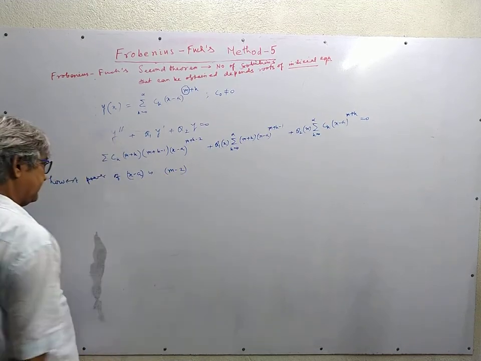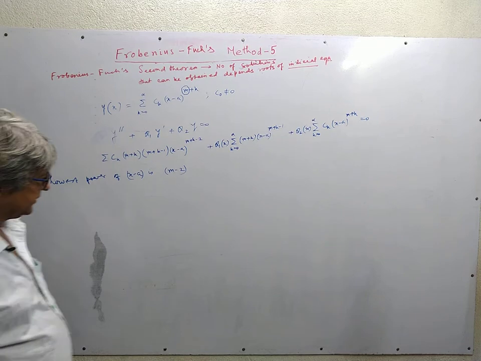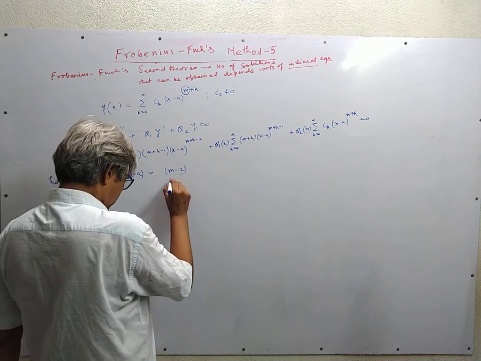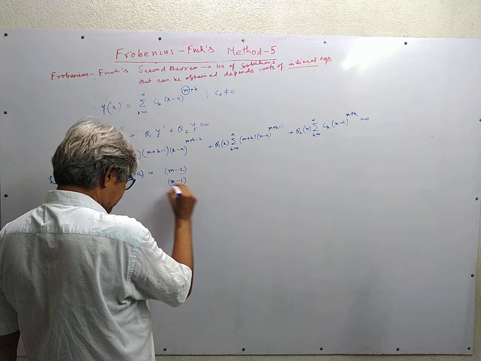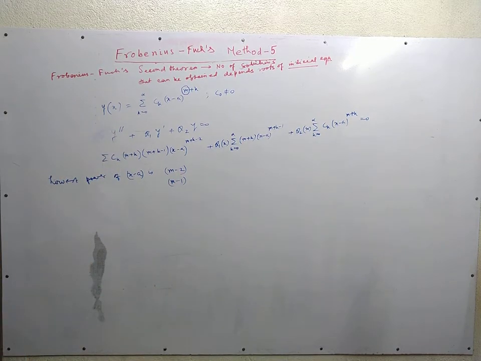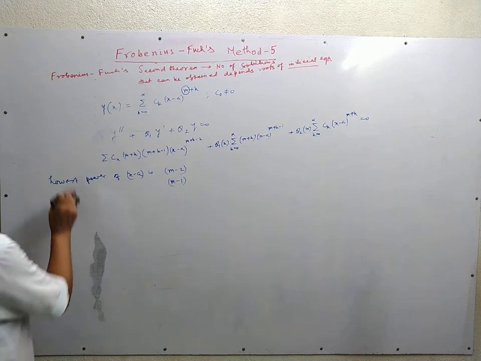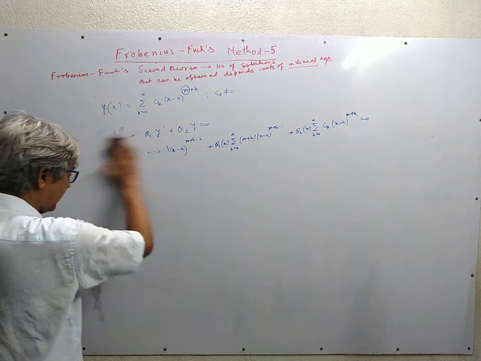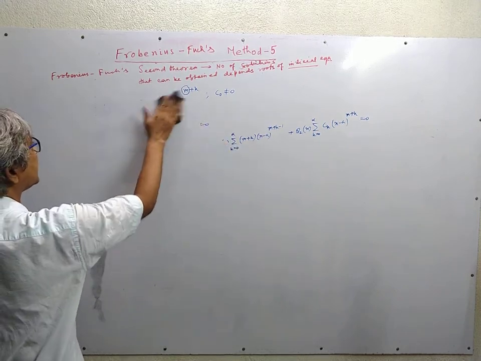This gives you an initial equation. There is another initial equation by collecting the coefficient of the next higher power. So we shall get the roots of the initial equation.